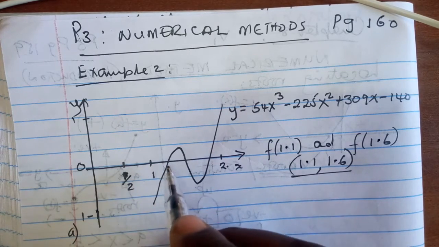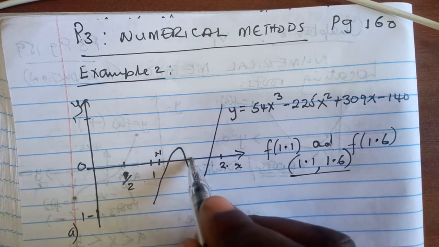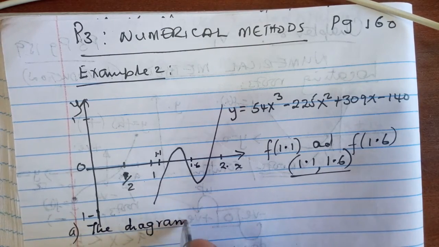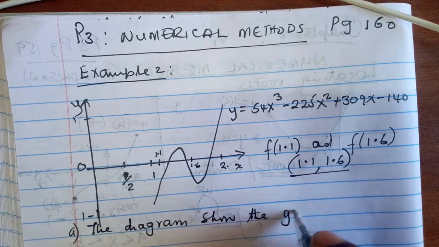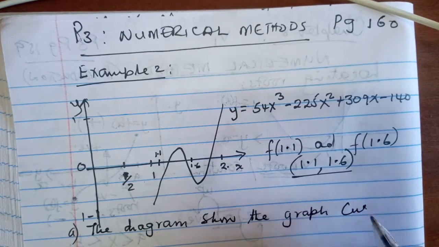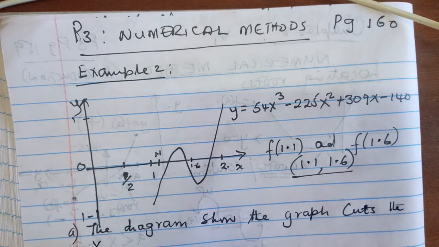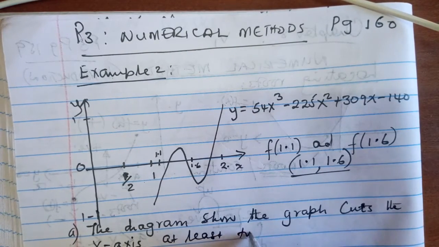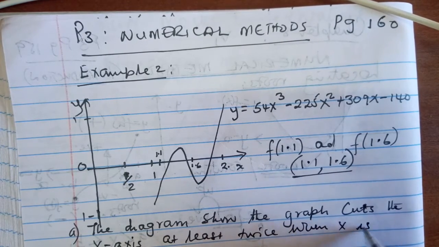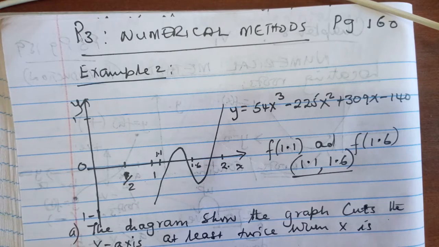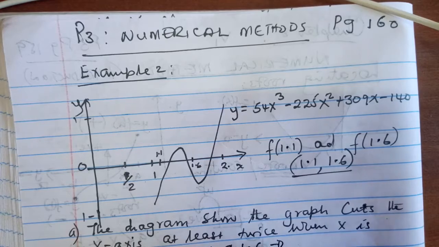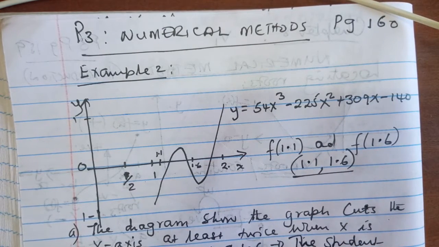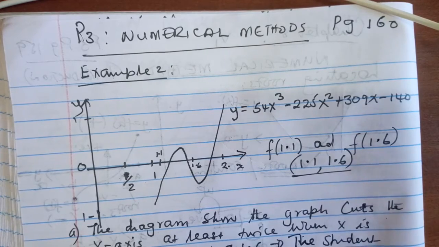The diagram shows the graph cuts the x-axis at least twice when x is between 1.1 and 1.6. So the student could be incorrect.